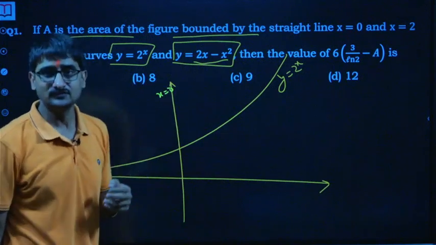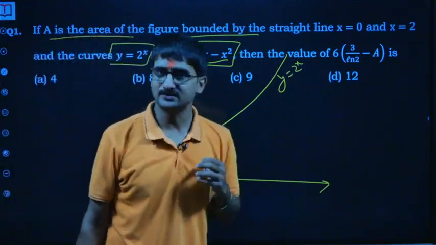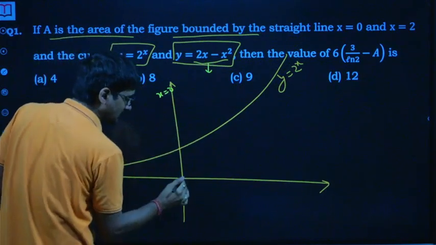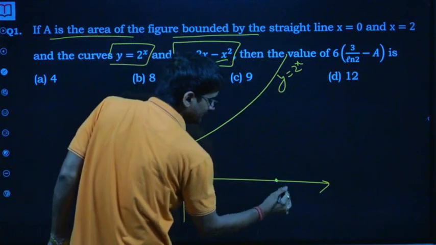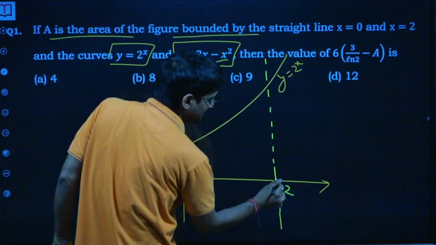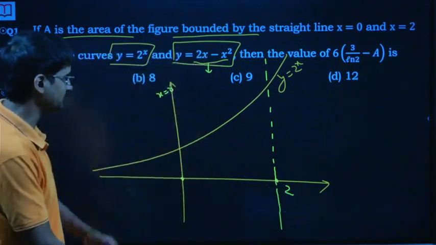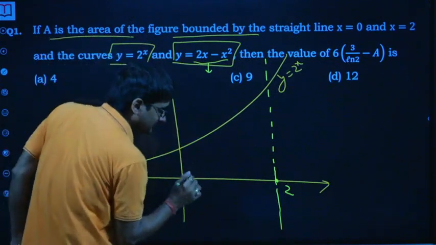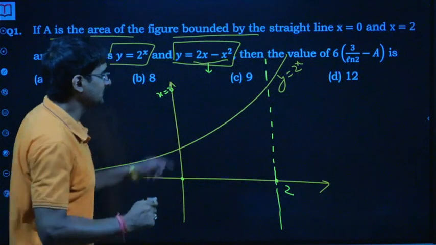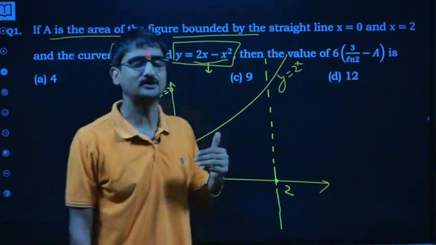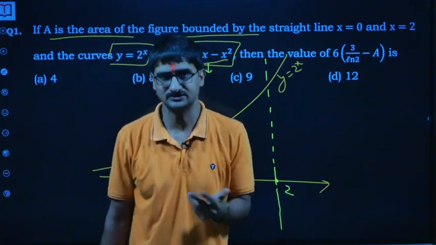Of course, we need to figure out whether these two curves intersect or not. We know the roots of this quadratic are 0 and 2, and it's the same 2 through which the vertical line x equal to 2 passes. It's an open downward parabola and takes its maximum value at the vertex, at minus b by 2a, which is 1.